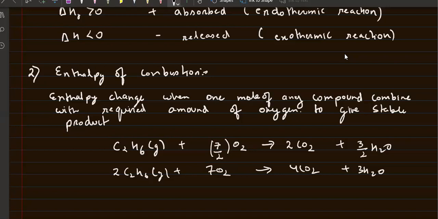So for the second reaction, if delta H of reaction is minus 745.6 kilocalorie, what is delta H of combustion for C2H6?